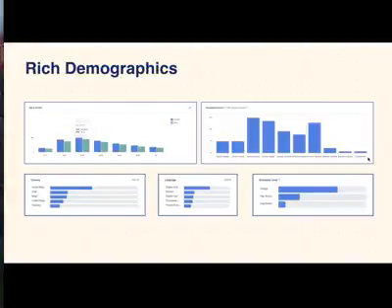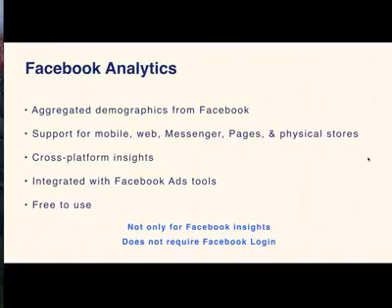Obviously, all this data is aggregated. So we aggregate and anonymize demographic data about your audience, and this is pretty unique. When you track an event with Facebook Analytics, you automatically get the demographics data and location and more out of the box. And then you can use this data and segmentation through the product, which we'll get to.